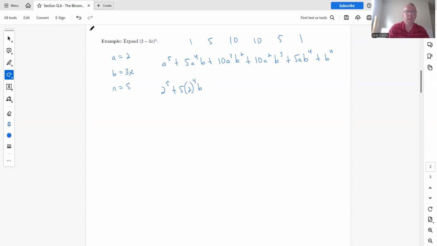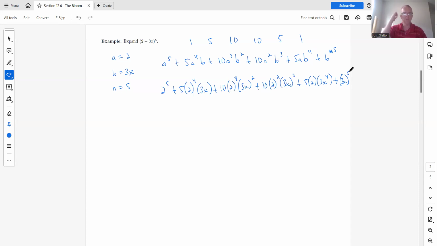All right, actually we should write 3x. B is 3x, and then 10 times 2 to the 3rd, and then (3x) squared, and then 10 times 2 squared, and then (3x) cubed, and then 5 times 2 times (3x) to the 4th, and then (3x) to the 5th.